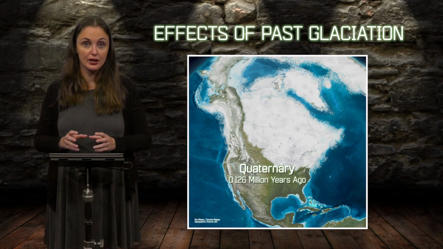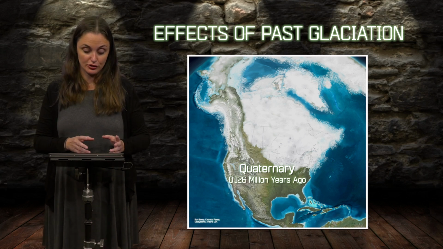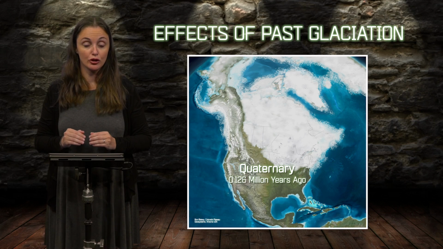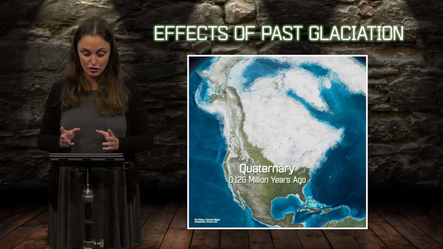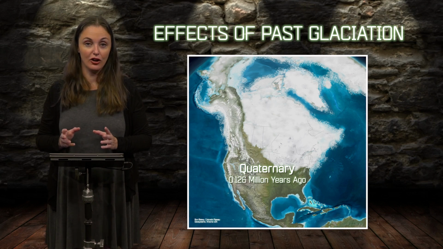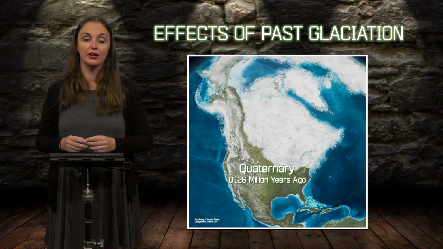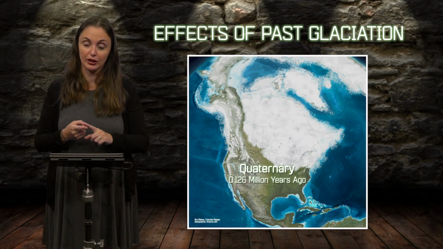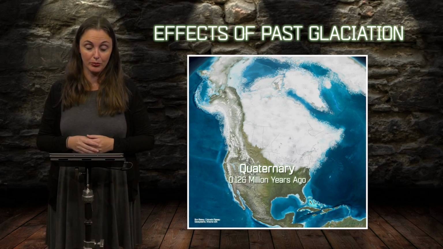So at this point in the past, far before human civilizations were on Earth, we have a much, much lower sea level. The most obvious part of this picture, of course, is the tremendous amount of ice on the northern part of the continent, especially the northeastern part, because you had not only a colder period of time, but a wetter period of time, so more snow, more ice accumulating.